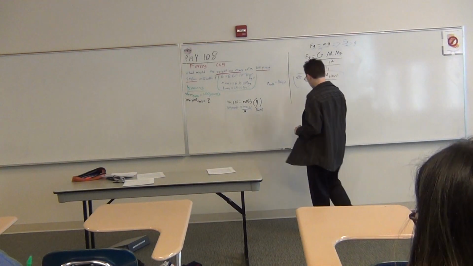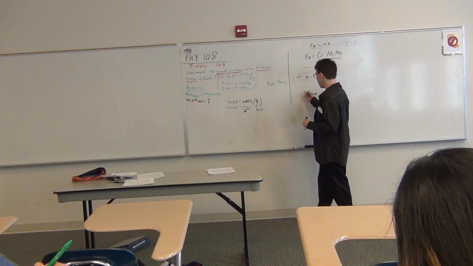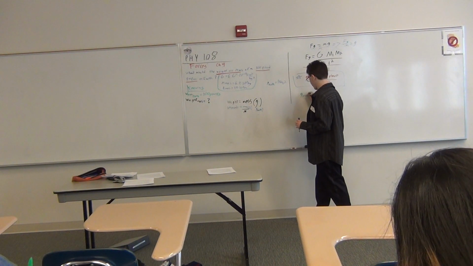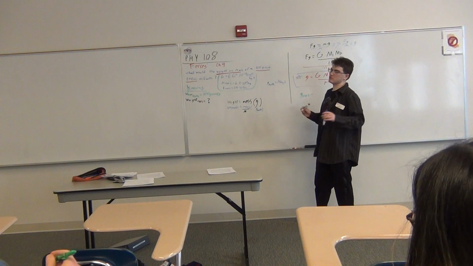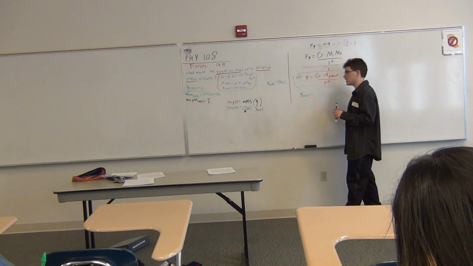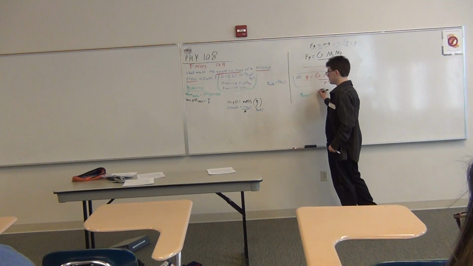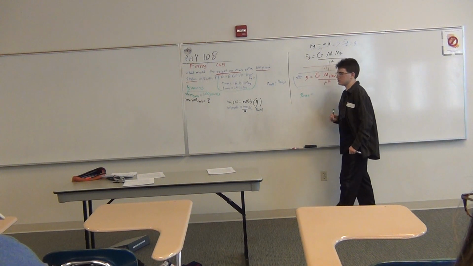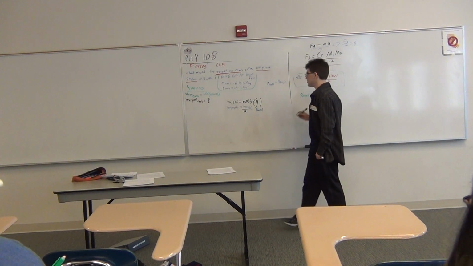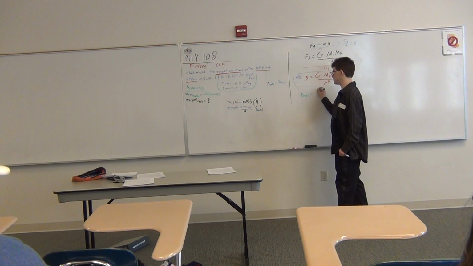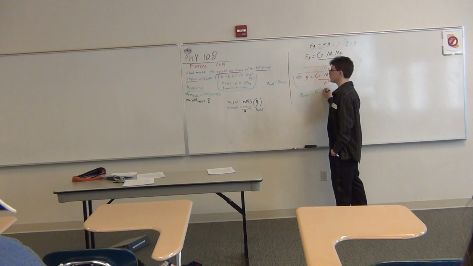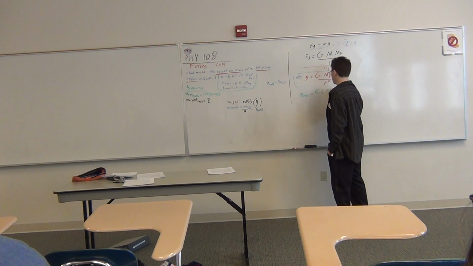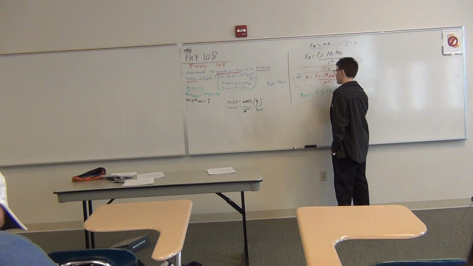So, we're looking for g on Mars. What is the universal gravitational constant? 6.67 times 10 to the negative 11.